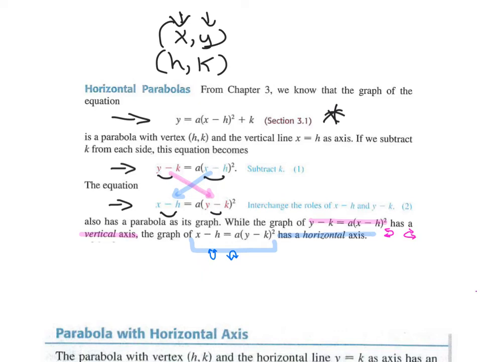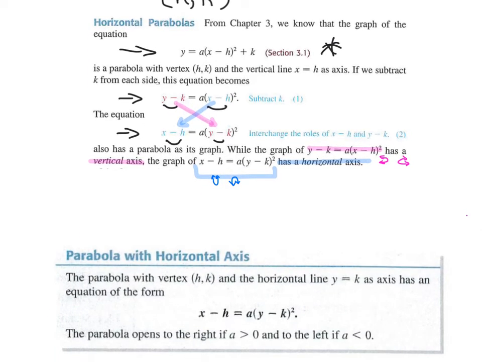Same thing here, no matter whether the x is squared or the y is squared. When the x is squared, we know that it's going to have a vertical axis, and when the y is squared, it's horizontal. Remember, h goes with x and k goes with y.